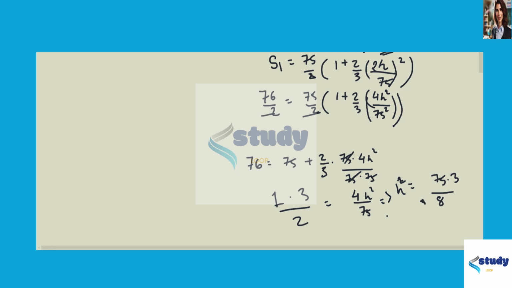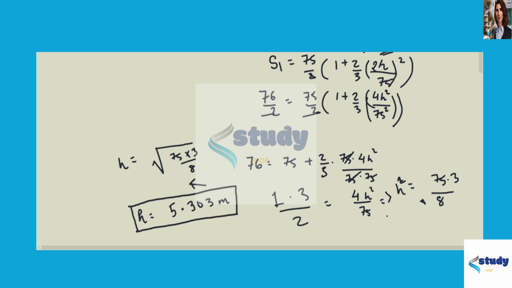So h is now under root of 75 into 3 over 8, and this h or the sag comes to be equal to 5.303 meters. So this is the solution of the first part of this problem. H equal to 5.303 meters.